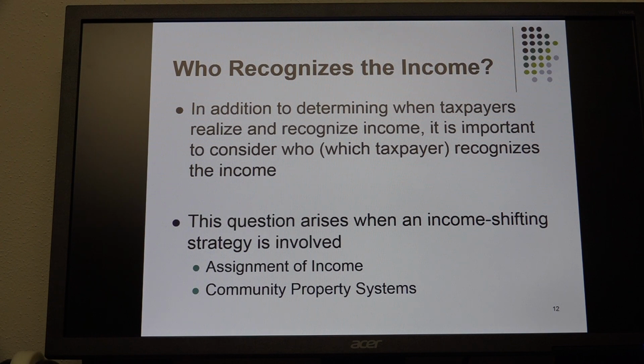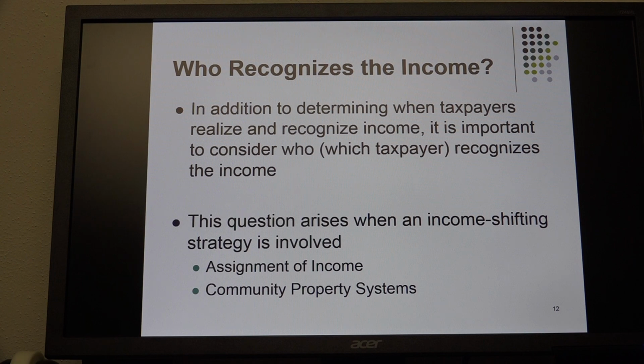Okay? So the way to get around this doctrine, the assignment of income doctrine, the fruit of the tree doctrine, is simply, if you want to shift the income, you're going to have to, in the case of property at least, transfer the property to the person to whom you want the income shifted to.